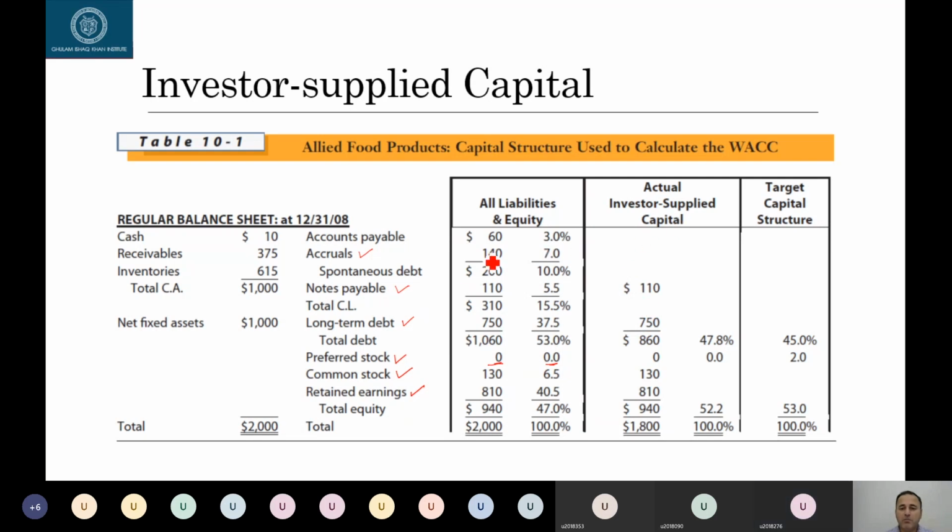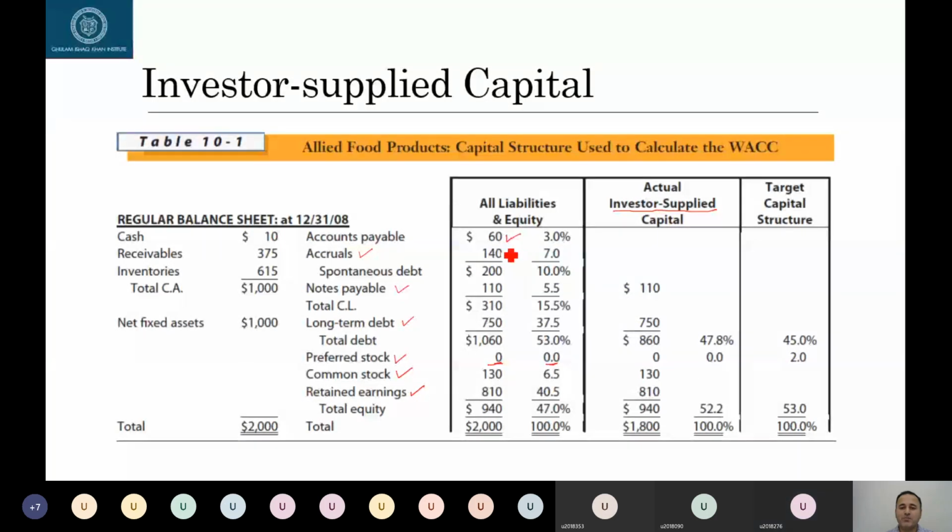Not every liability actually qualifies as investor supplied capital. As the name suggests, it is that part of the capital which the investor provides to the company for a return. For example, accounts payable is not a credit which normally is extended for a return. It's like a trade credit.